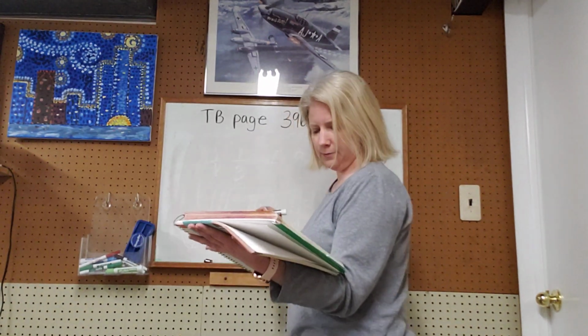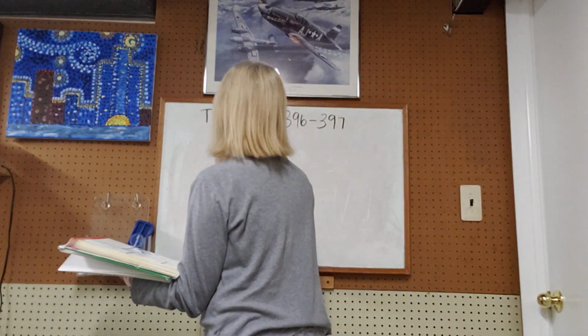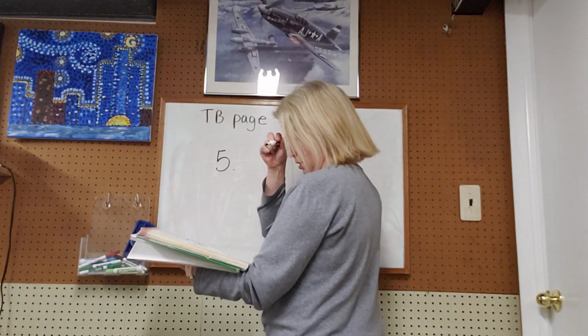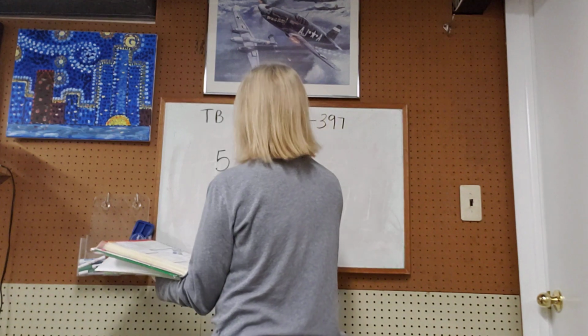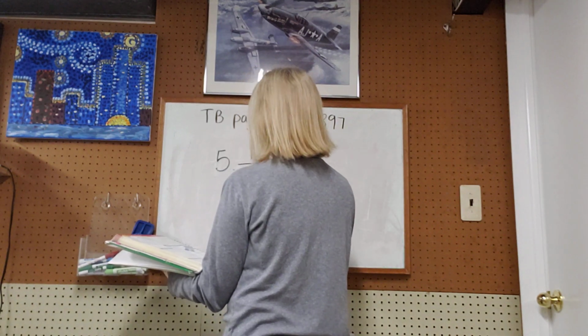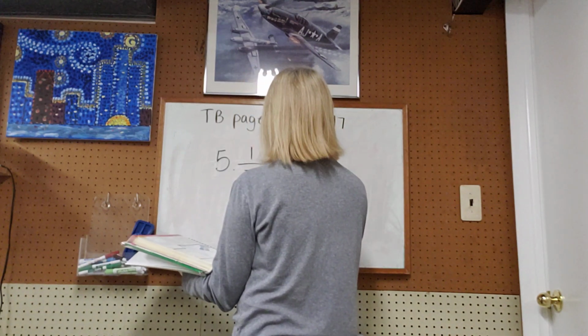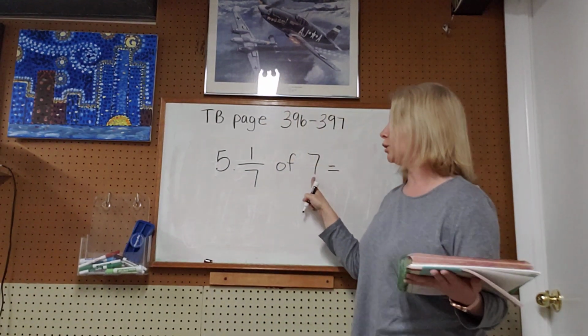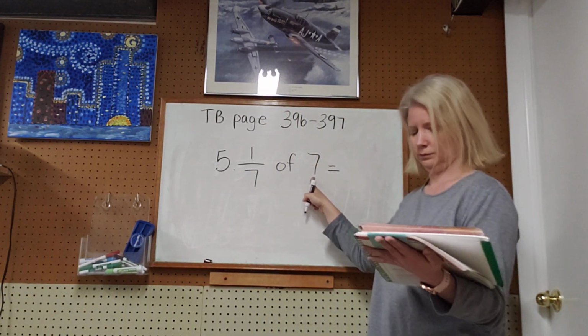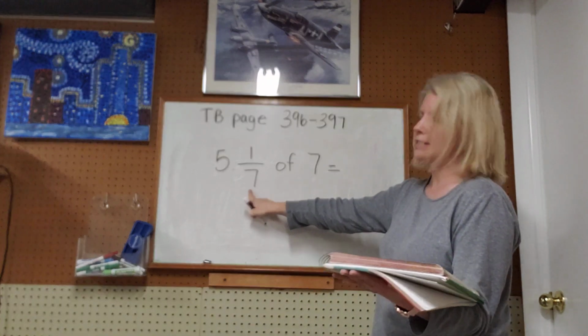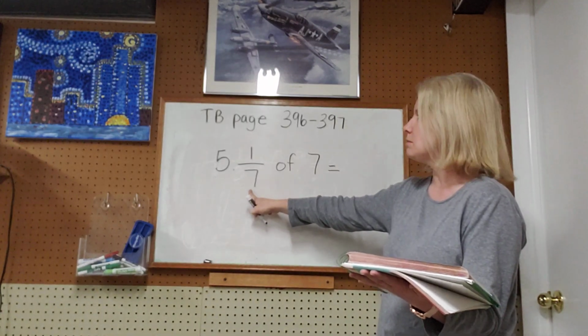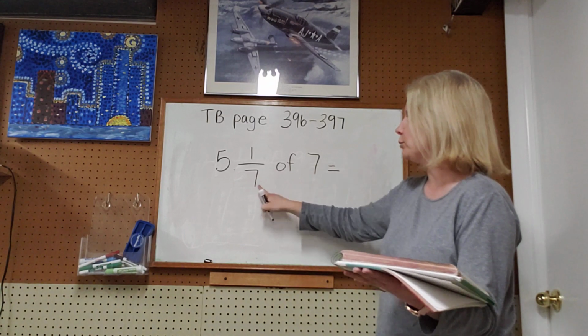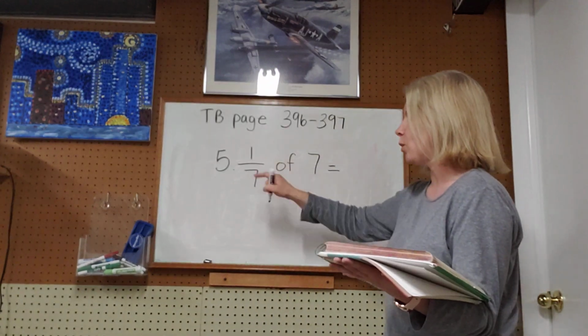Number 5. 1/7 of 7. So you have 7 total. You want 7 groups. How many groups do you get if you have 7 and you want 1 in each group?